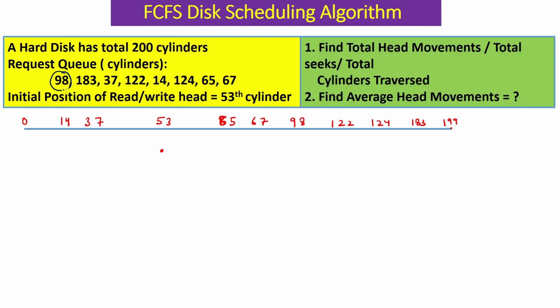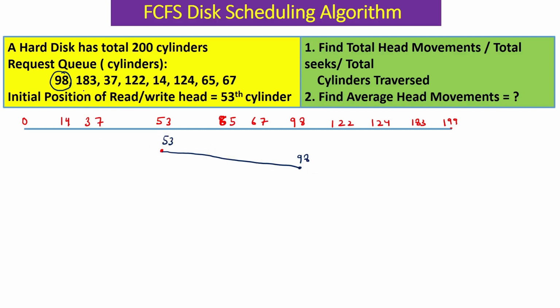So basically from 53 I will first go to the 98 cylinder. Where is the 98 cylinder? This is this one. So I am going to the 98 cylinder, here. You can write 53 to 98 here also.